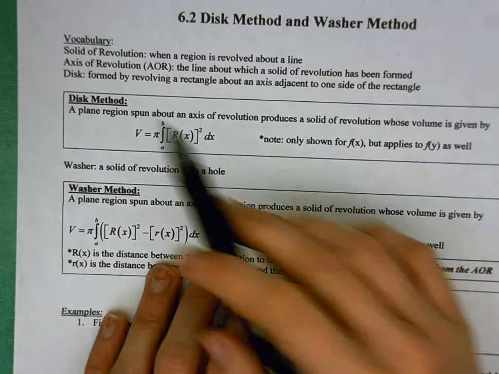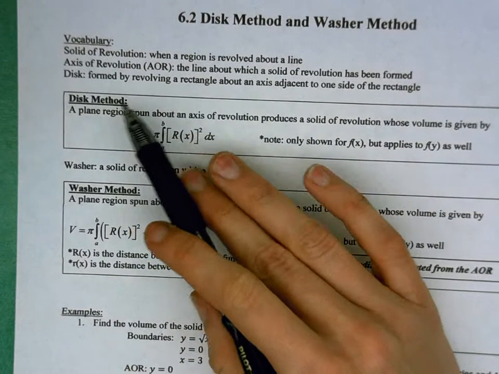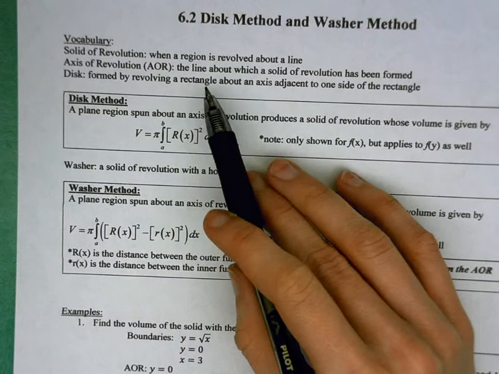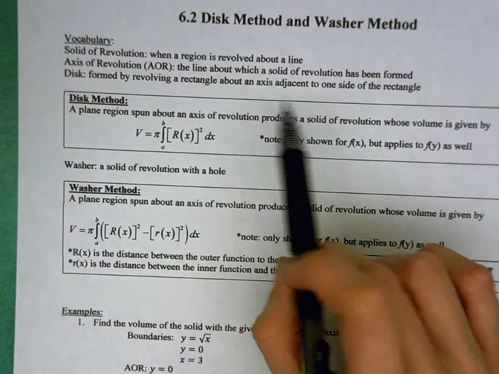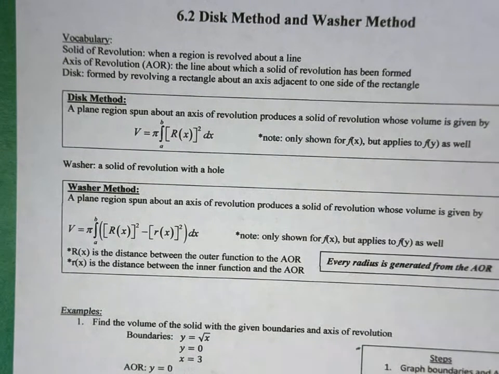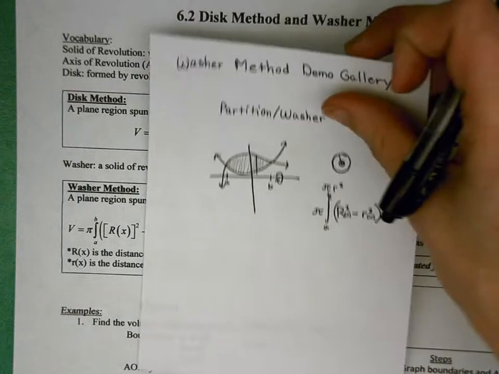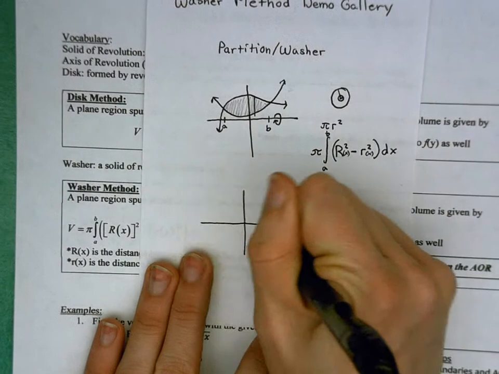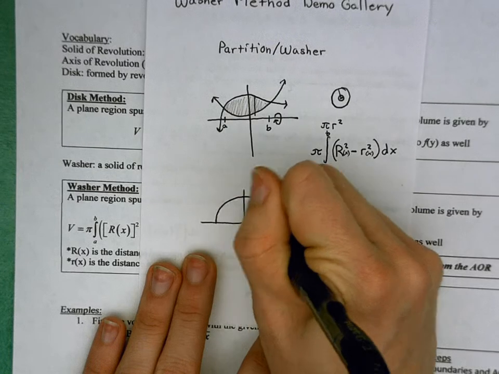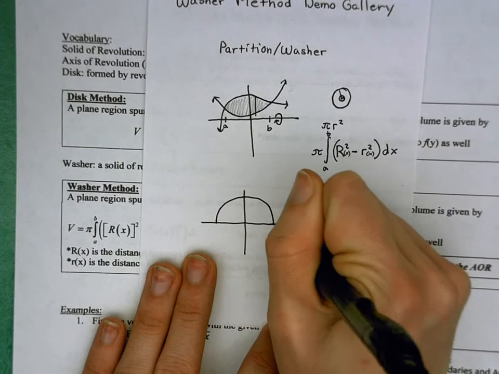Okay. A disk is formed when you're revolving a rectangle about an axis adjacent to one side of the rectangle, which simply means this region that we're calculating would be attached to our axis of revolution.